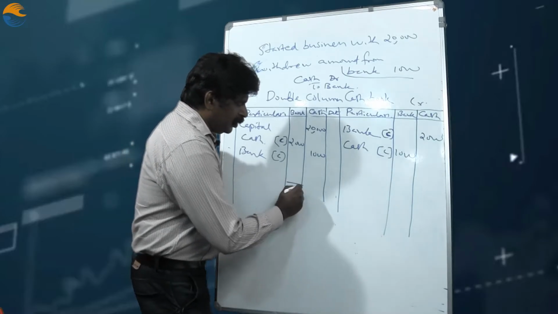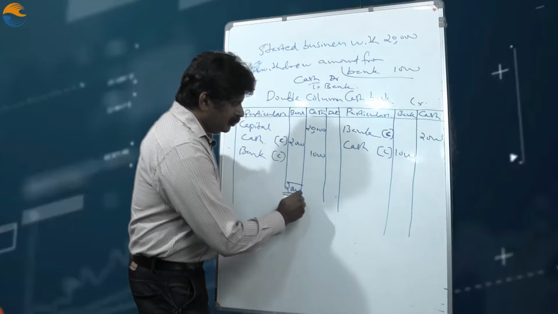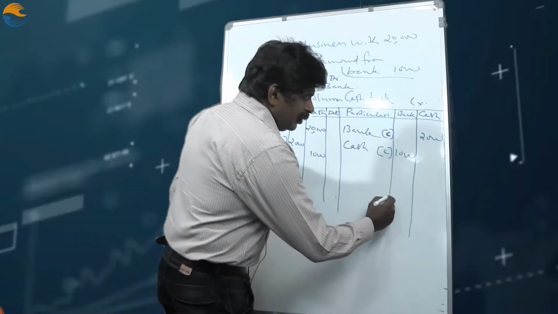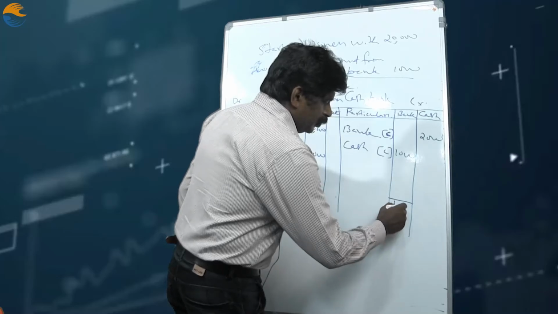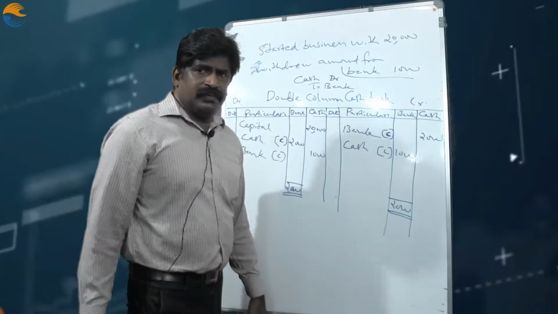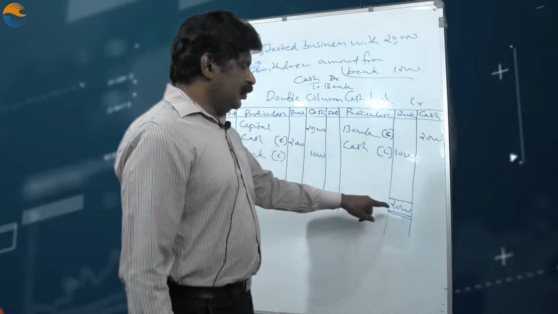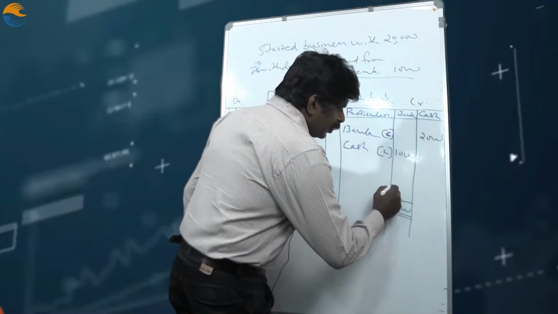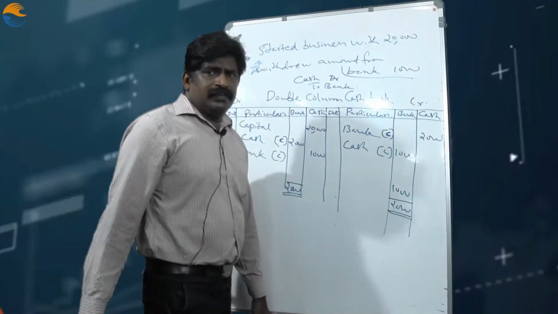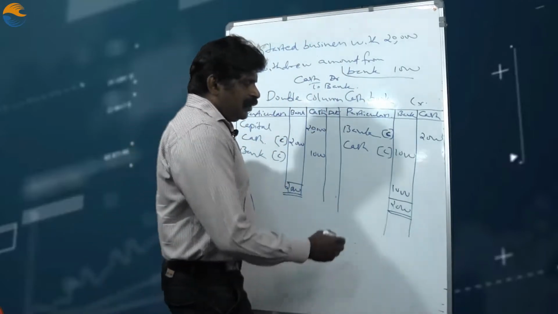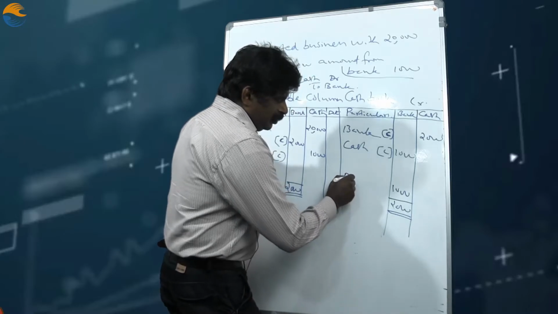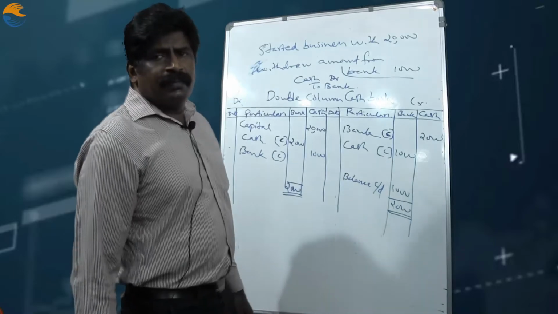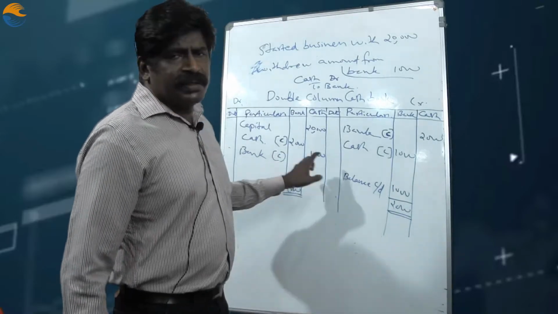So we write the total 2000 on the debit side of the bank column, and correspondingly on the credit side of the bank column 2000. Then find the difference. 1000 is the difference, and we write balance carried down. Thus, we balanced the bank columns.